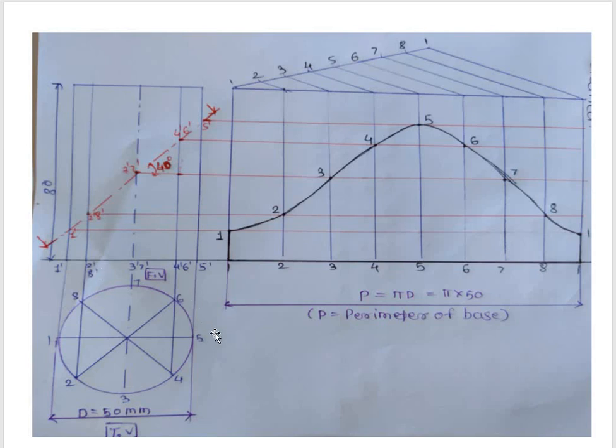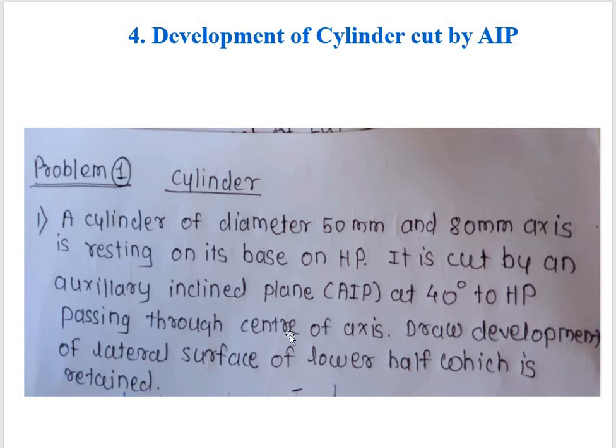In the last video I told you, whatever sentences are related with the HP, you have to draw in the front view only, and whatever sentences are related with the VP, you have to draw on the top view only. As they have given 40 degree to HP, and also the location, that is through the center of the axis.